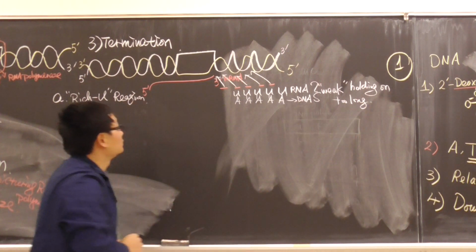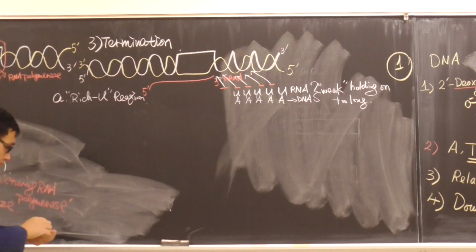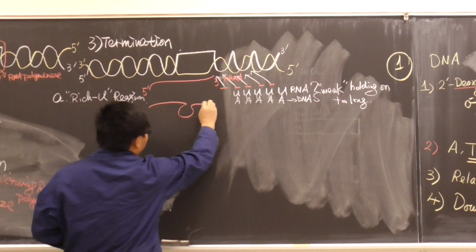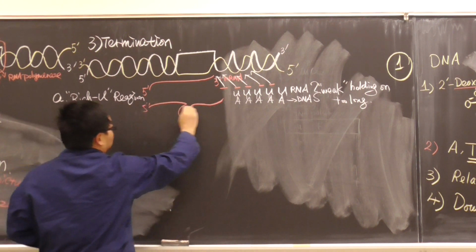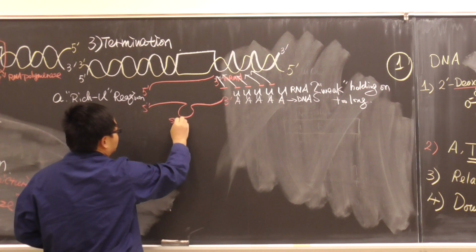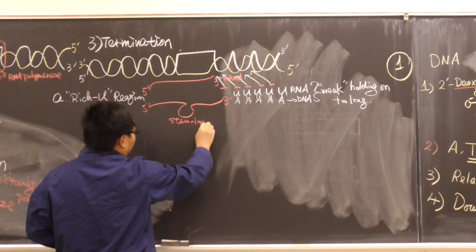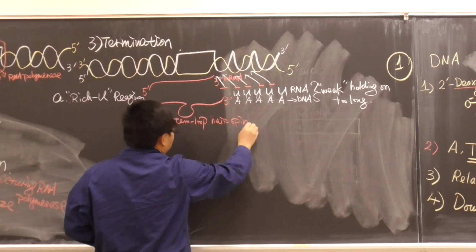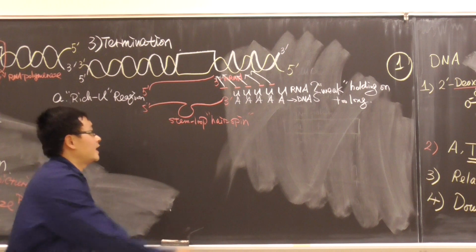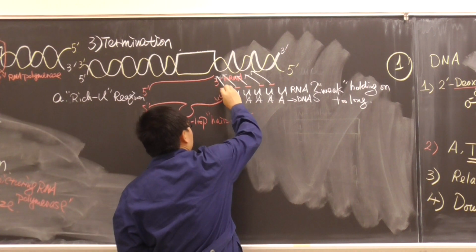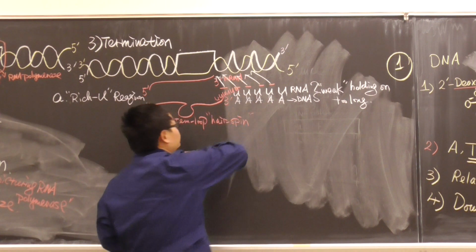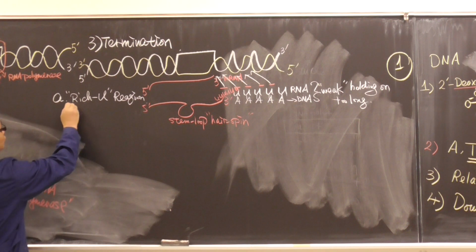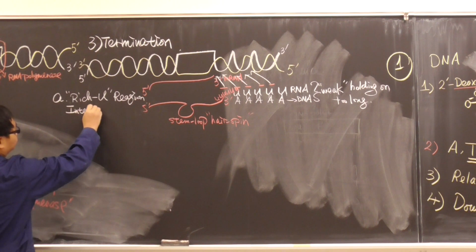So therefore, they stop. At the end of the day, something like this is going to be generated. This is called a stem loop hairpin structure. And at the end of this is going to be U, 6U. This is why we usually call it internal.